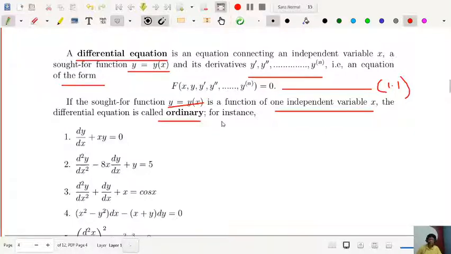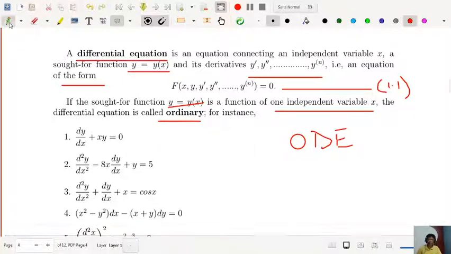Okay, this is an ordinary differential equation because there is only one independent variable x involved. So that is why we say ODE, ordinary differential equation.